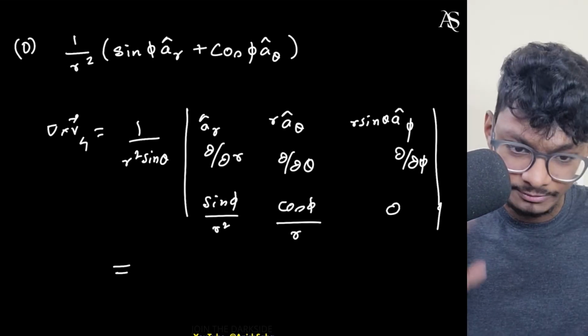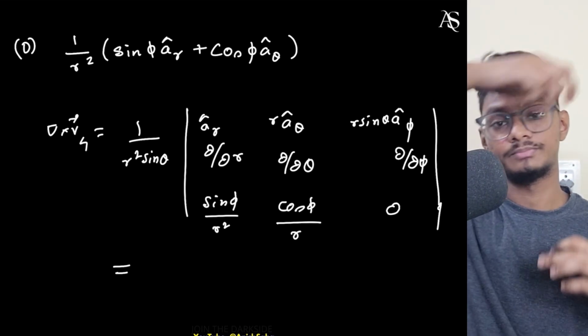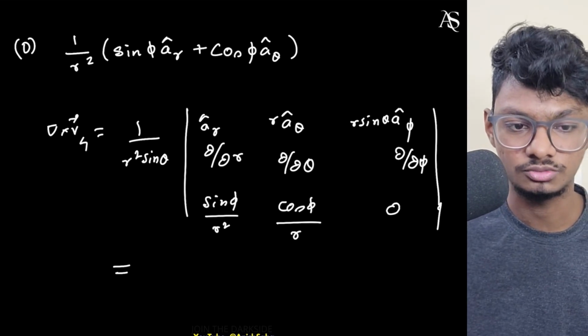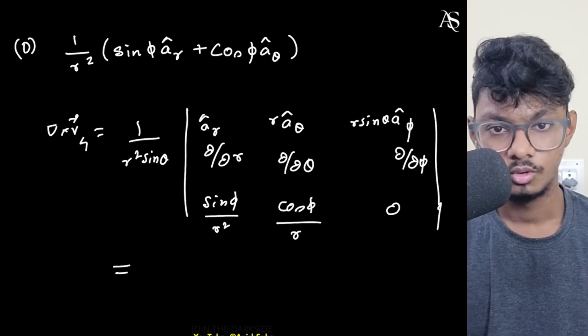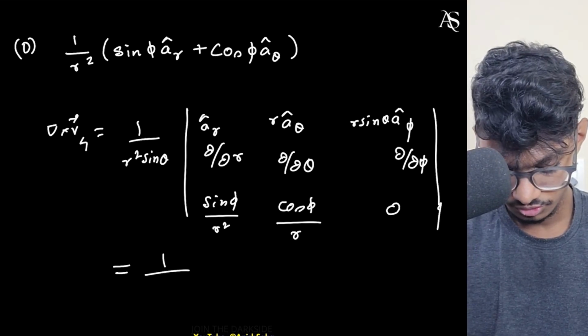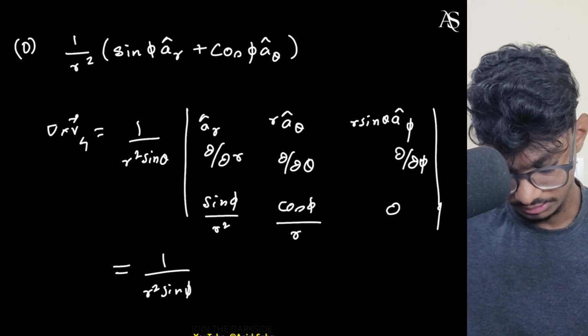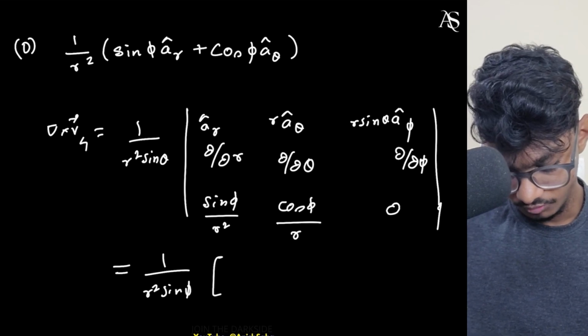So don't worry, this type of difficult question won't come, but something similar to this can come, right? Something a shorter, easier version of this. So I'm teaching you the most difficult version. Okay, so let's compute the curl of this. So this will be 1 by r square sine phi, and here we have ER cap.